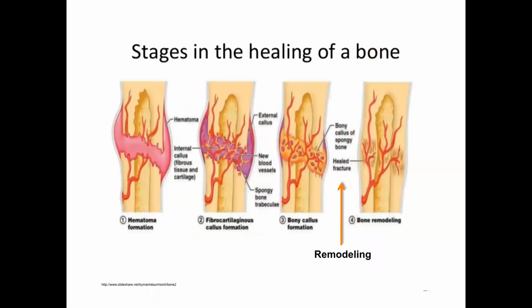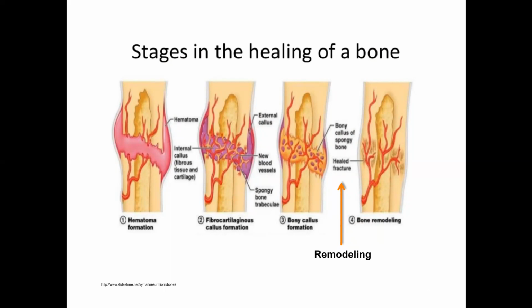Okay, then healing of bone. There are these 4 stages, and I'd like you to know these stages. It goes part and parcel with bone formation from a cartilage model. If the bone breaks, what will happen first is that fibroblasts are going to make a blood clot along with the platelets and everything else. We'll talk about blood clotting later.